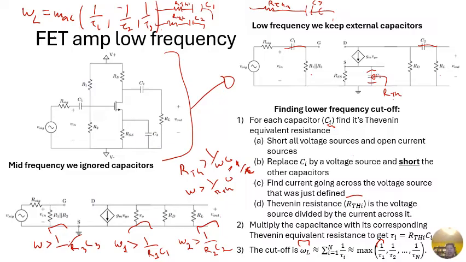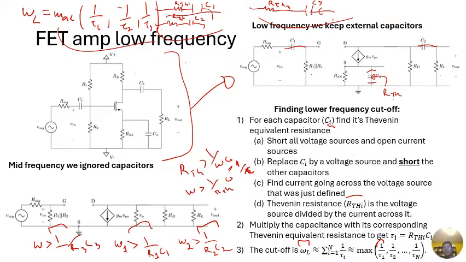Just to reiterate, we're going to find the Thevenin resistance looking into each capacitor while assuming that all other capacitors are short. Once we find those Thevenin resistances, we define time constants for each individual circuit, and then pick the one associated with the highest frequency as our omega low.